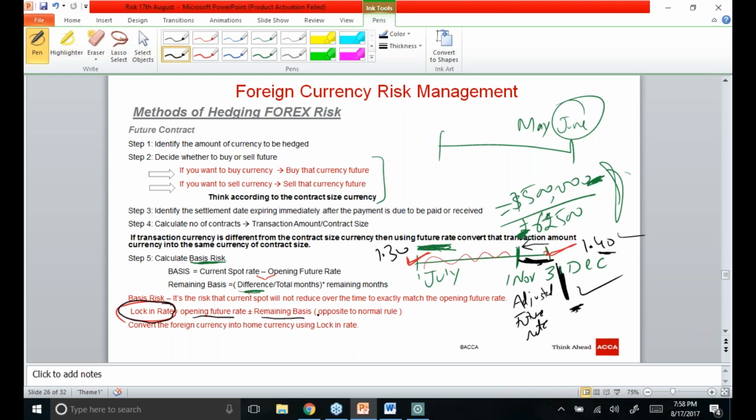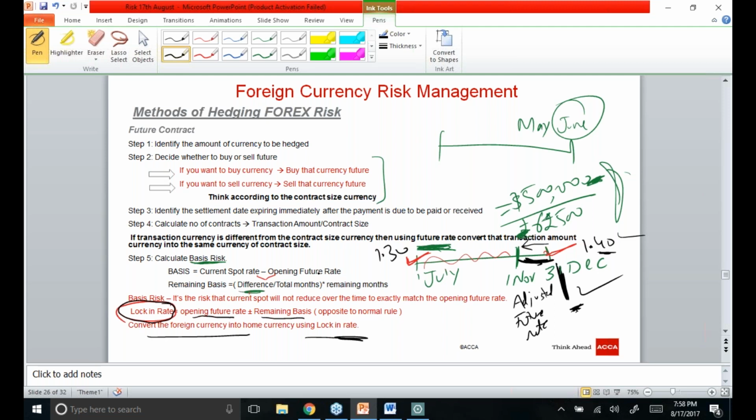So we will adjust these remaining basis points opposite to the normal rule. Like if the trend is upward, we will deduct these basis points. If the trend is going downward, we will add these remaining basis points. And the final step, convert the foreign currency into the home currency using the lock-in rate.